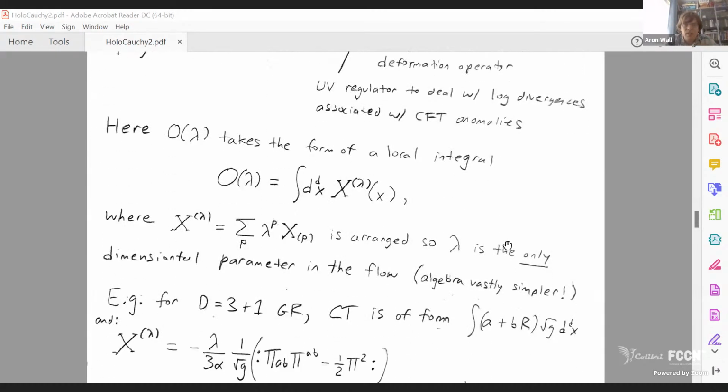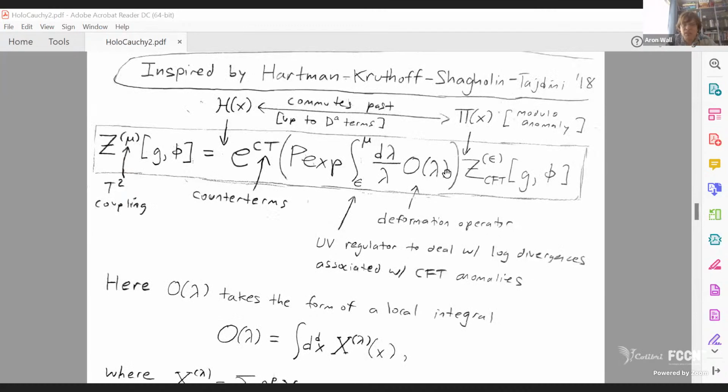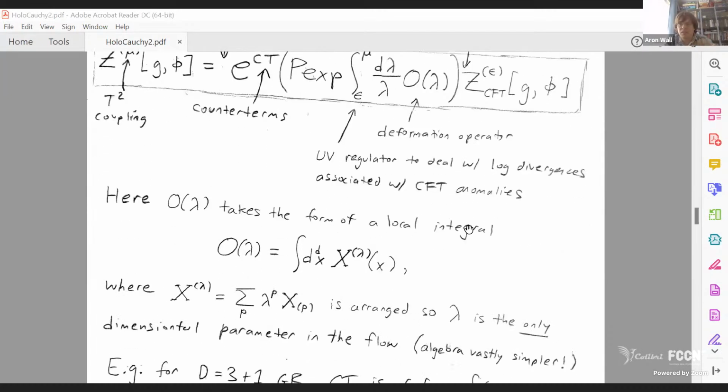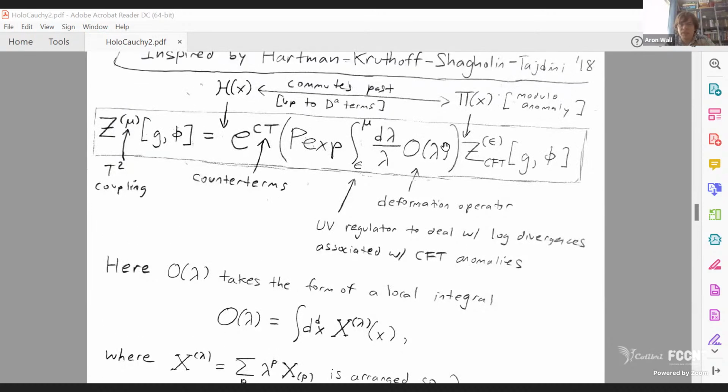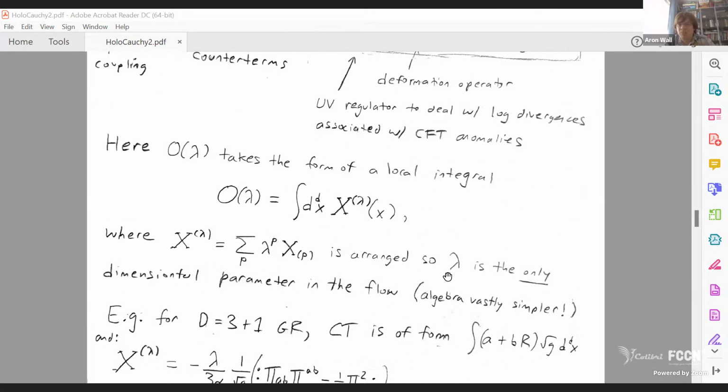So O lambda here, because it's like a deformation of your Lagrangian, takes the form of a spatial integral of some Lagrangian term. All the terms in the Lagrangian are organized with powers of lambda, where the powers are chosen so that lambda, which is basically the same variable as mu, but inside this integral, is the only dimensional parameter in the flow.